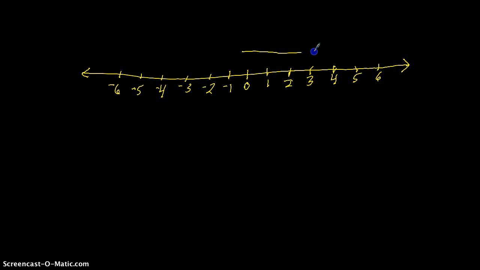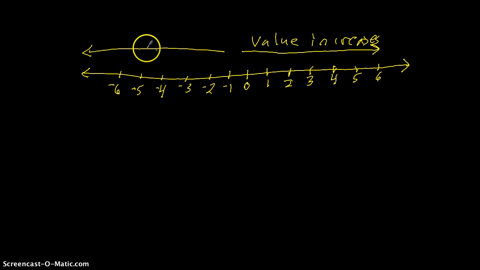Whenever you're going this way, the value increases. Whenever you go to the left of zero, the farther left you go, the value decreases. If you keep that in mind, inequalities with whole numbers are very, very easy.